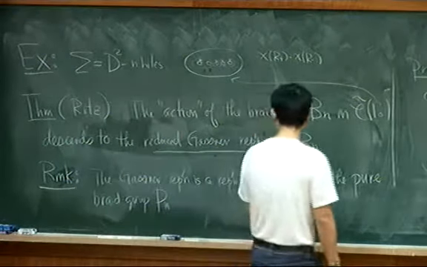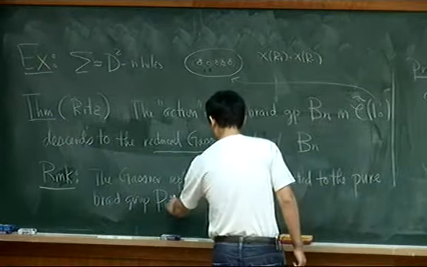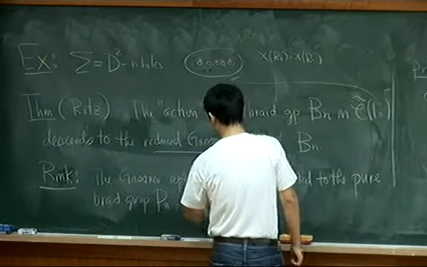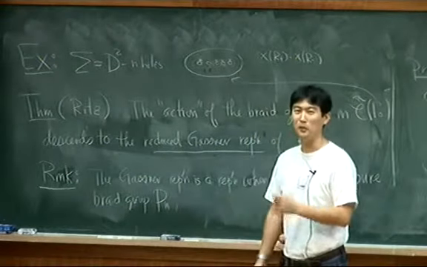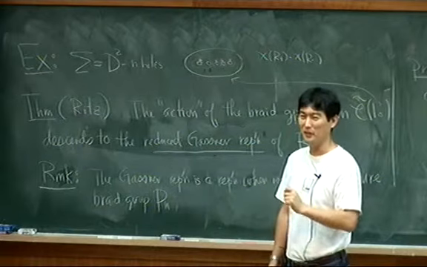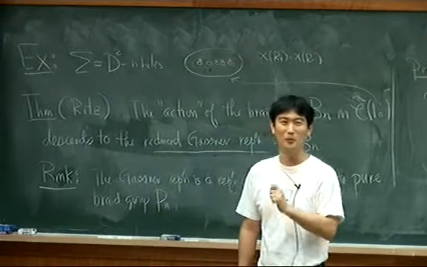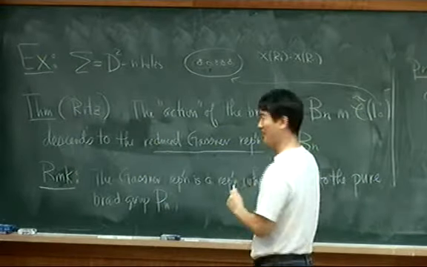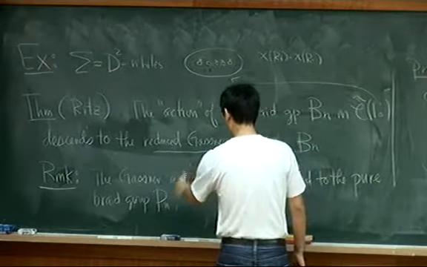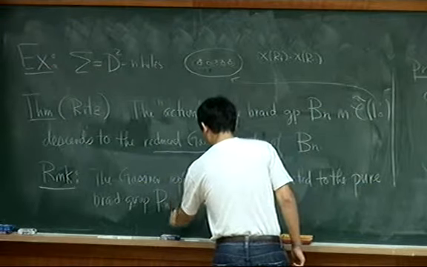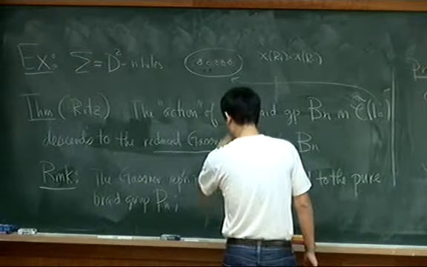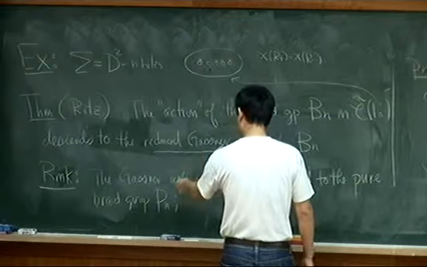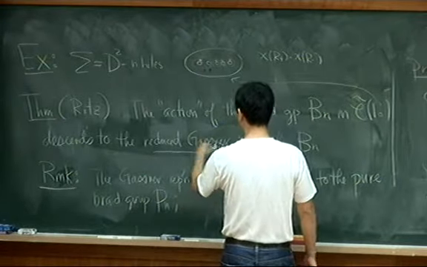Okay, so that's when restricted to the pure braid group. On the other hand, it's not commonly known, but you have to be somewhat knowledgeable or affiliated with students of Morita. If you ask students of Morita or read their papers, you find out that the Gassner representation can actually be defined on the braid group.